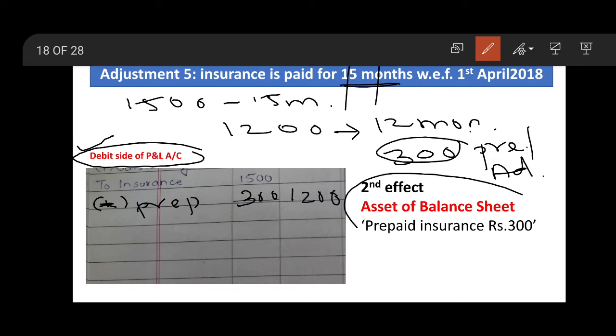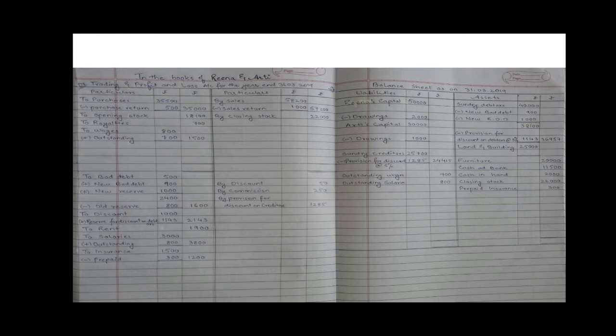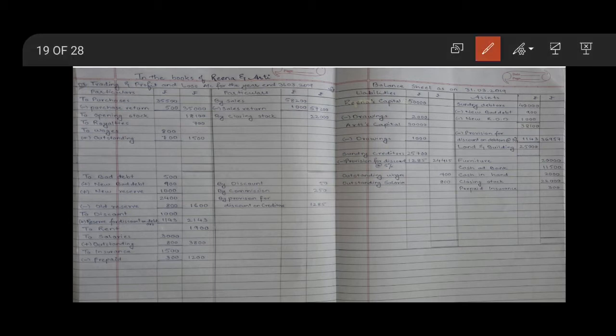The next effect, asset side of balance sheet, prepaid insurance rupees 300. So in this way, insurance less prepaid 300, and next effect prepaid insurance rupees 300.